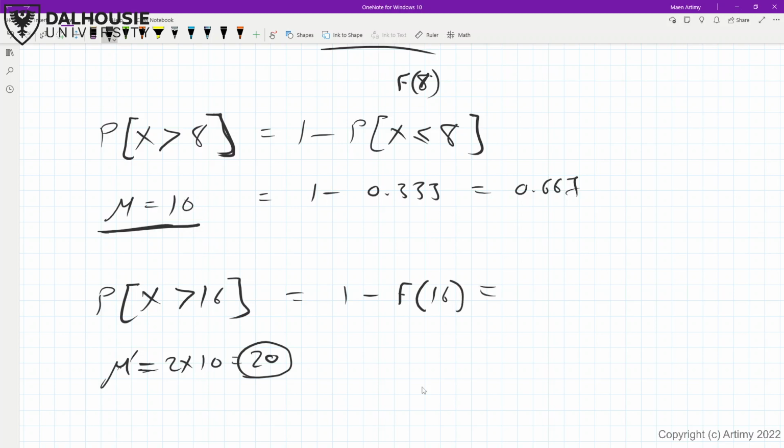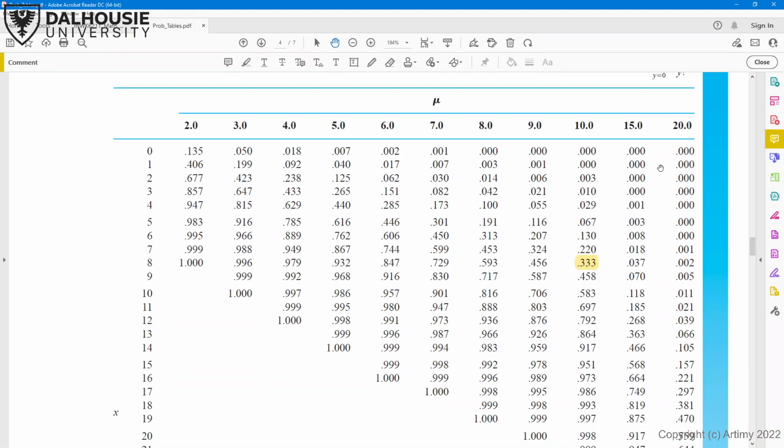So as I did before, I will use the table with a mu of 20, and I'll look for x equals 16. So let's go back to the tables. 20 is here, 16 is here. So if I do the intersection, I'll get this number.